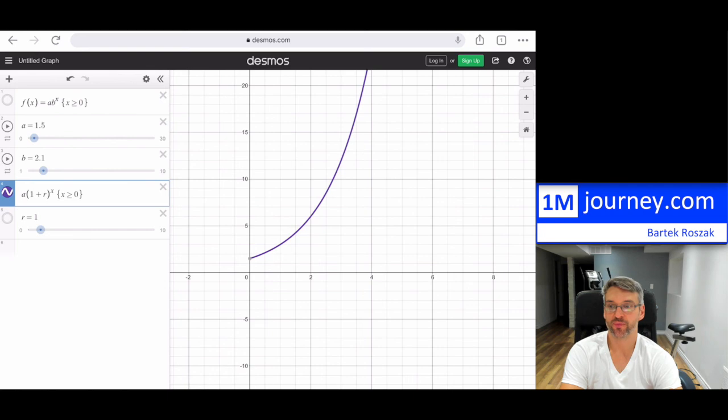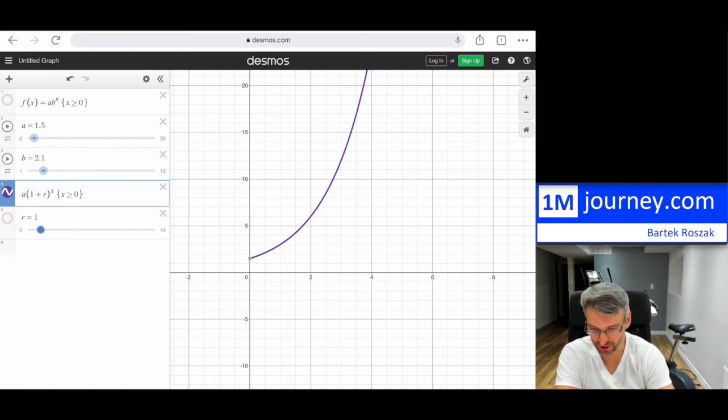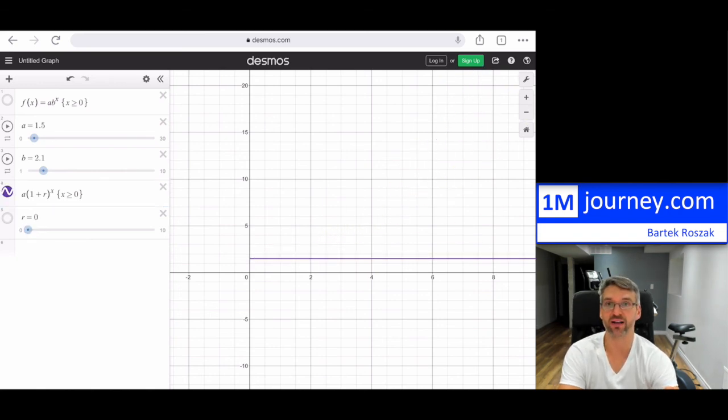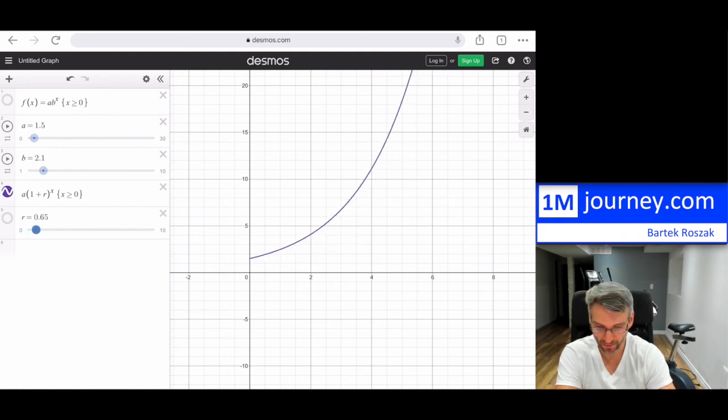Notice that for any r which is greater than 0, so here's 0, which is going to flat line because then it's just 1 plus 0. Now if I increase this and make it bigger, then it looks exactly like exponential growth.